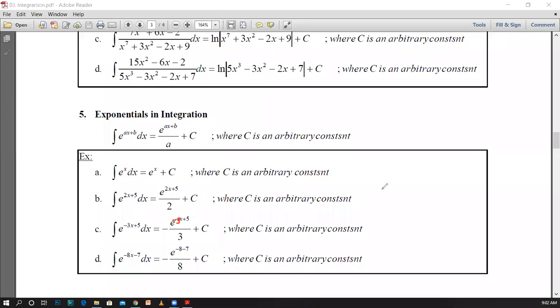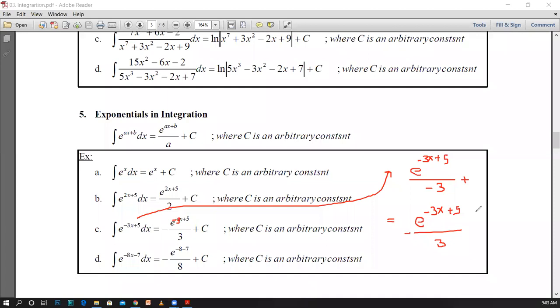Therefore, if I write the complete answer for this part, we get e to the power minus 3x plus 5, divided by minus 3, since minus 3 is the coefficient of x. Then the final answer can be obtained as e to the power minus 3x plus 5 divided by 3, with the minus taken out. Then you have to add the arbitrary constant c.